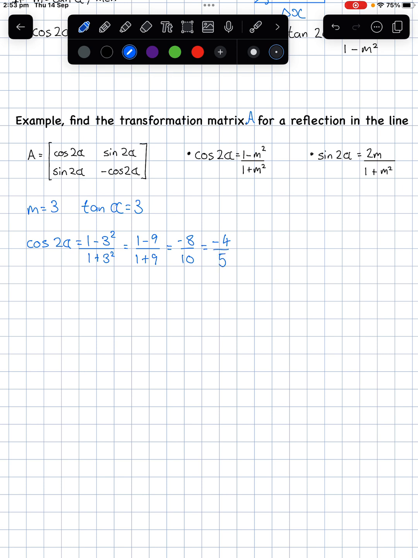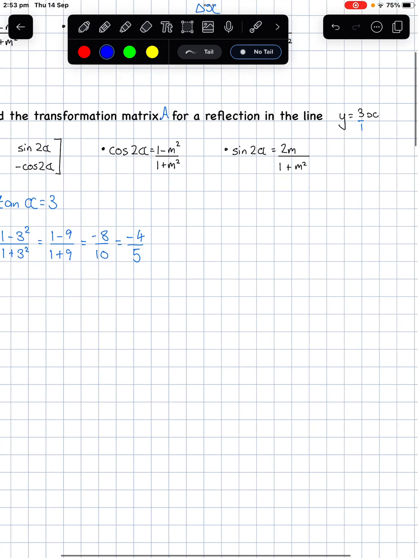So that gives us cosine 2 alpha. We've got negative cosine 2 alpha, so we're just going to put a negative sign in front of that. Let's figure out our sine one.